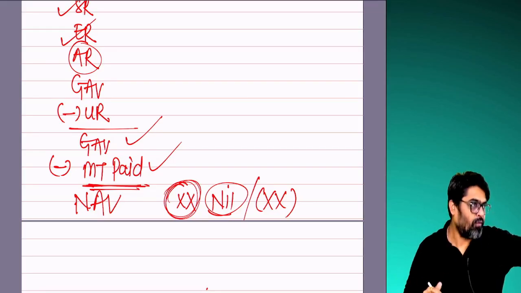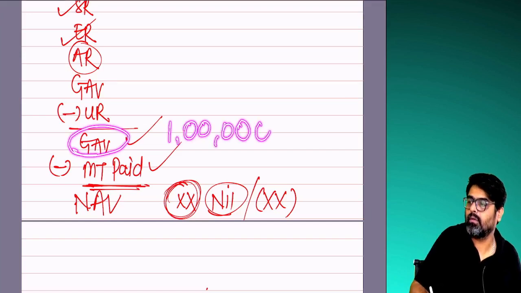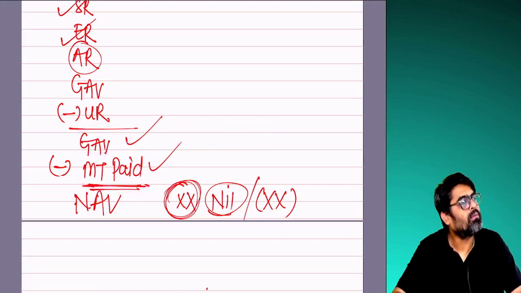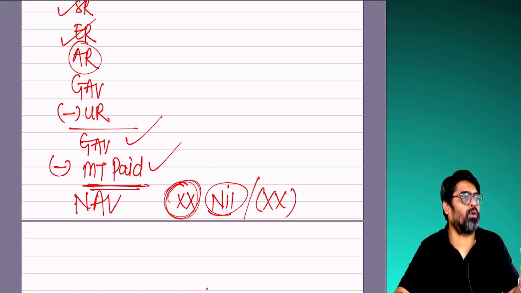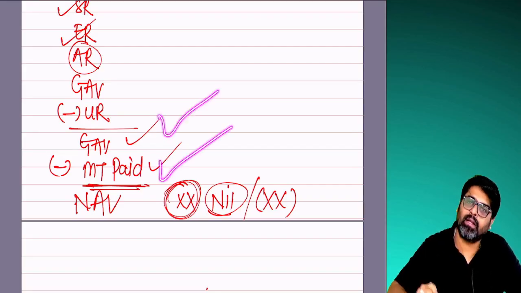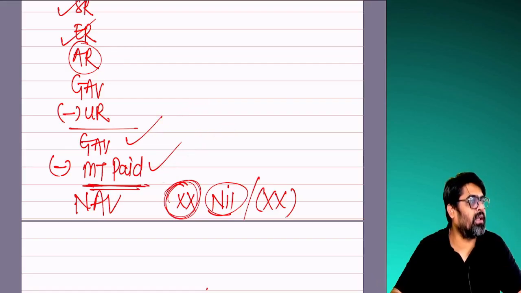For example, gross annual value was 1 lakh, just an example, okay? And you have not paid municipal tax for the last 10 years. All the 10 years' municipal tax amounting to, for example, 1 lakh rupees you have paid in this year. So from 1 lakh you will get the deduction of the entire municipal tax in this year.